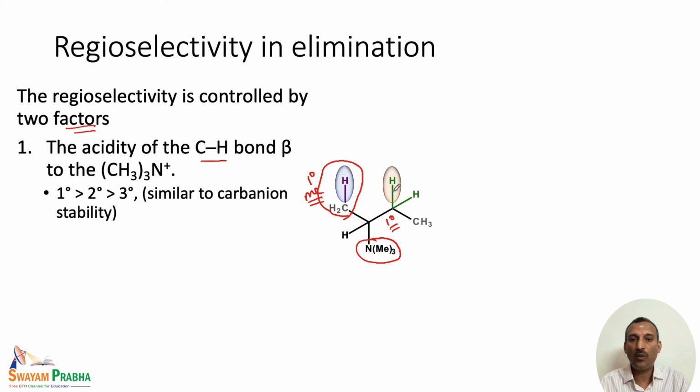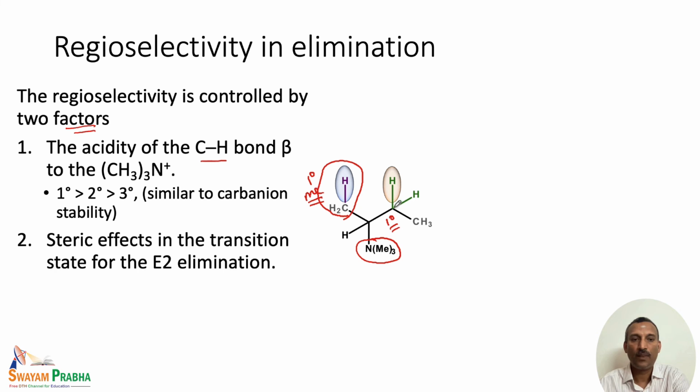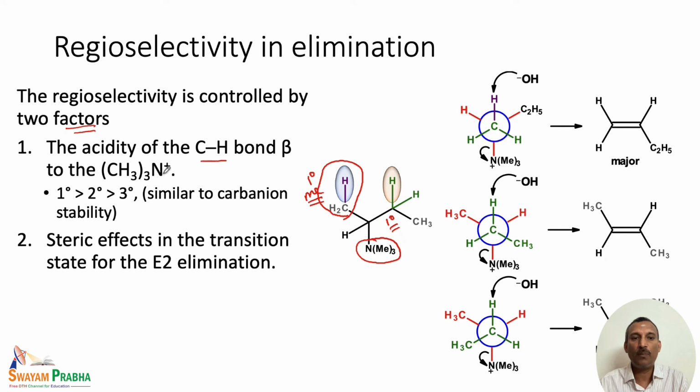Depending on whether the hydrogen is present on the methyl carbon or on the CH2 carbon, we can see different regioselective products. That means elimination leads to different types of products. Depending on the acidity, primary is easily lost compared to tertiary. This stability is very similar to carbanion stability. In this case, we have the methyl group here, and one of the terminal hydrogens is abstracted by the base.